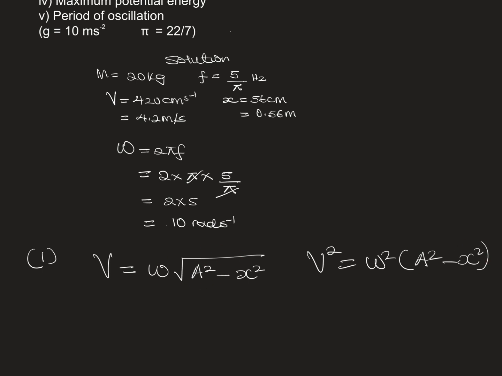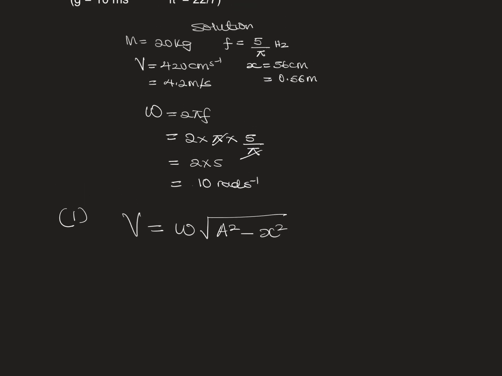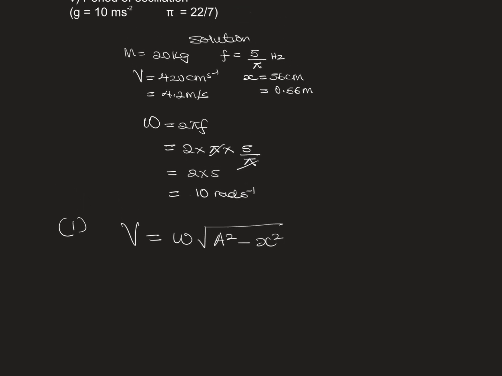So to make the work simpler, I'm just moving on with the first formula. So what was the velocity at a given displacement? Velocity was 4.2. So I can substitute: v is 4.2.